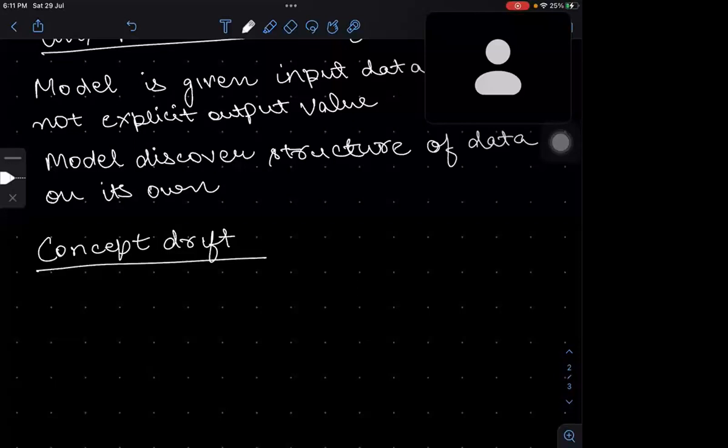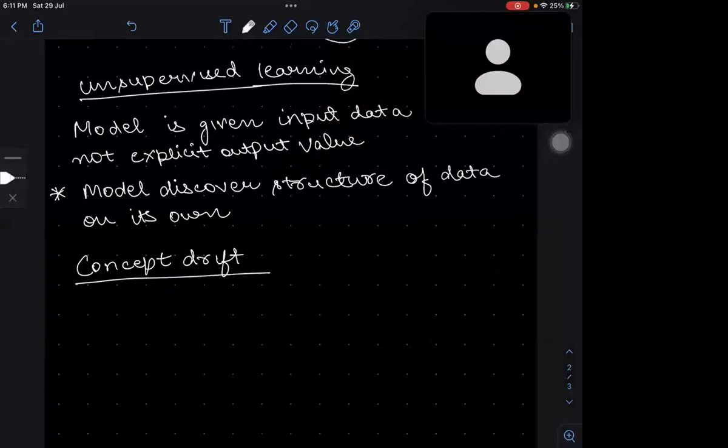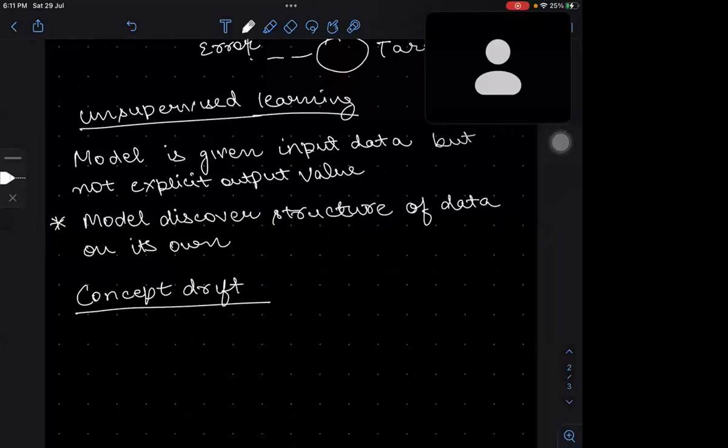Okay, now can anyone tell me what is concept drift? Okay, so basically, this is a limitation, and concept drift can occur in unsupervised as well as supervised learning.